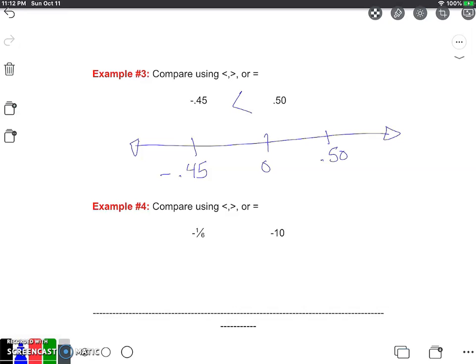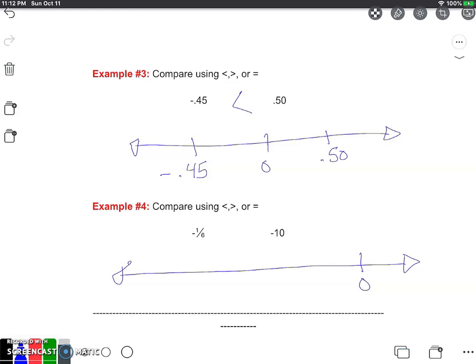Let's look at number 4. Now we have two negative numbers, but still analyze your problem first. I'm going to put 0 down here because I'm going to work on the left side, since both of my numbers are negative.